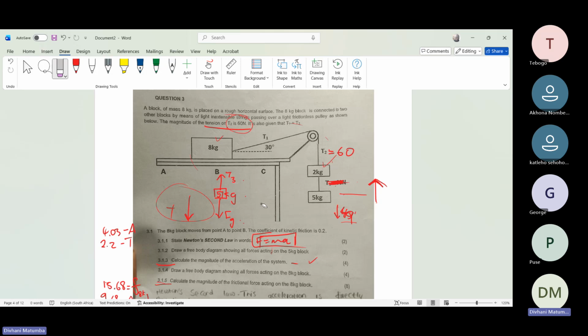Yeah, so if you were not given the coefficient, then you are going to have to calculate it the way that we did.